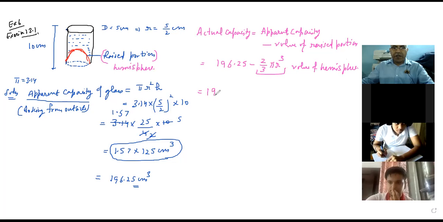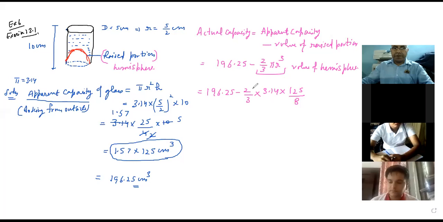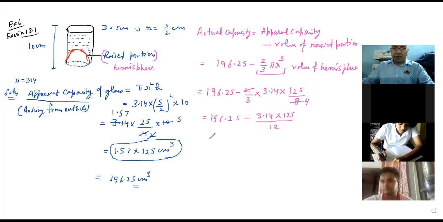So which is 196.25 minus 2 by 3 pi r cube, the radius r cubed is 125 upon 8. This is 4. Well, so you can solve it to get the answer.